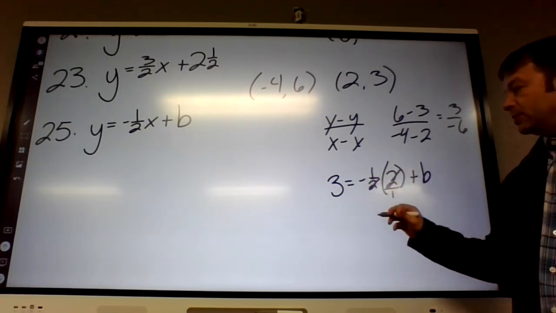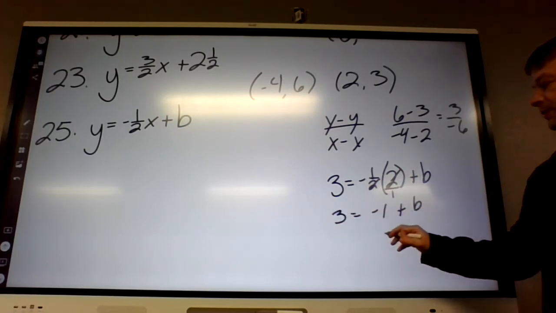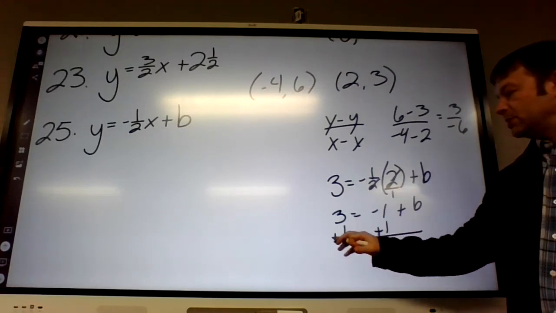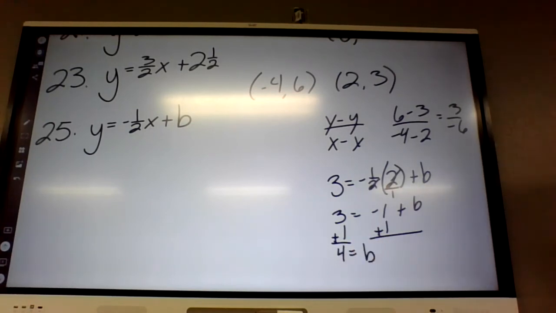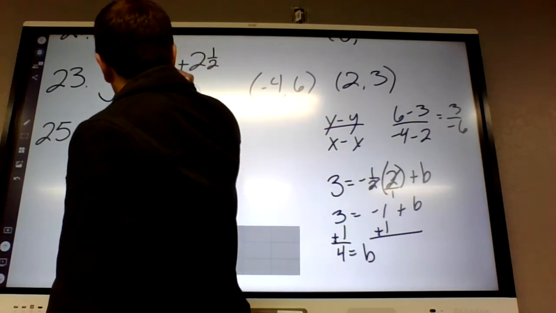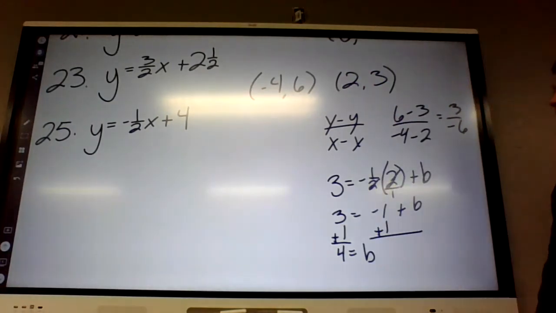It's just -1/1. How do I solve that for b? +1. You can kind of check your work on this one by plugging in the other point, -4, 6, and you should still get the same b value. Either way.